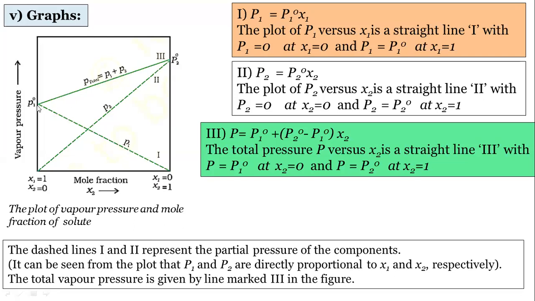So this is the line of P1 x1, this is the line of P2 x2, and this is the line of total pressure P. This is not actually asked for the examination, but for understanding the concept of how partial pressure is related to the mole fraction. These three graphs indicate the relation between partial pressure and mole fraction, and these are the Raoult's law graphs.